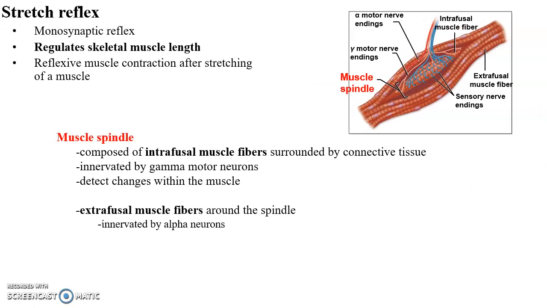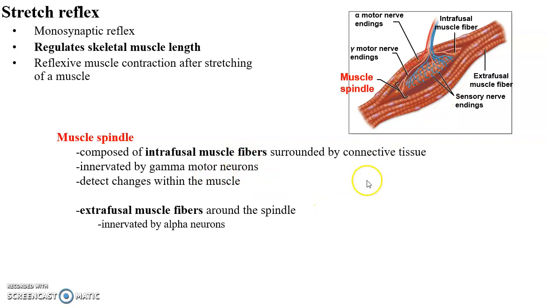So the stretch reflex, again, a monosynaptic reflex. We have this sensory receptor structure called a muscle spindle. Within the muscle spindle are intrafusal muscle fibers that are connected to sensory neurons and wrapped around by a sheet of connective tissue. And they are also innervated by some gamma motor neurons.